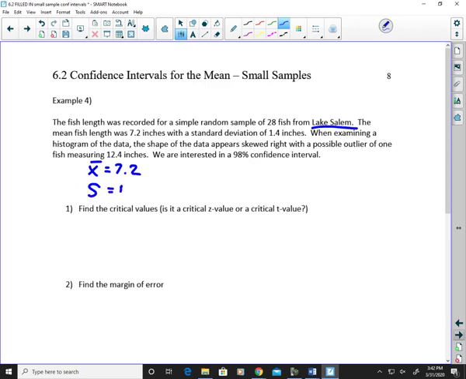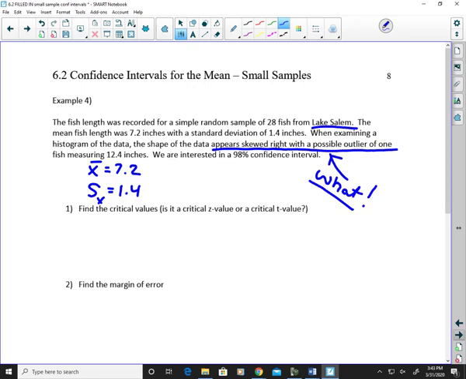It's looking like it might be a T. When examining the histogram of the data, the shape of the data appeared skewed right with a possible outlier. What? An outlier? What does that mean?